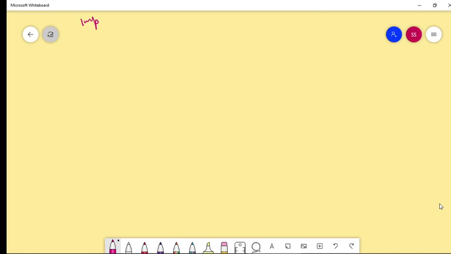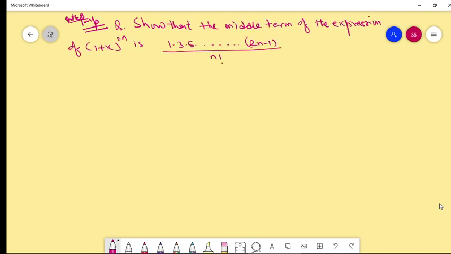The question is: show that the middle term of the expansion of (1 plus x) to the power 2n is 1.3.5 up to (2n minus 1) over n factorial, times 2 to the power n, x to the power n.